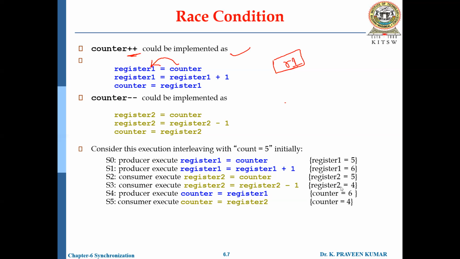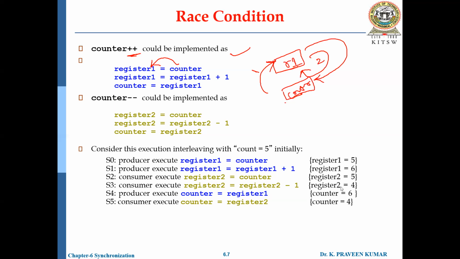That is, you are increasing its value and storing it in the same register. Now this register1 is stored in the counter. So initially it was stored in R1, this is the first step, this is the second step, and this is again register1 stored in the counter.